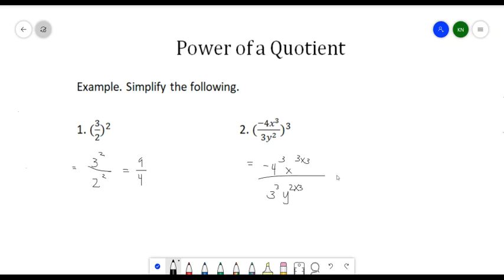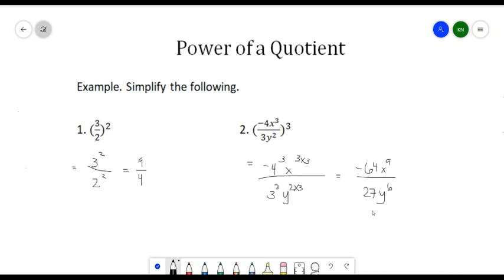So that gives us negative 4 cubed, that is equivalent to negative 64. And x raised to 3 times 3, that is 9. All over 3 cubed, that is equivalent to 27. And we have y raised to 2 times 3, that is equivalent to 6.